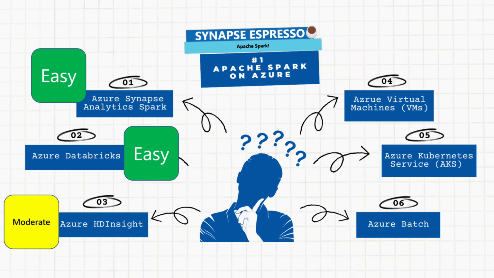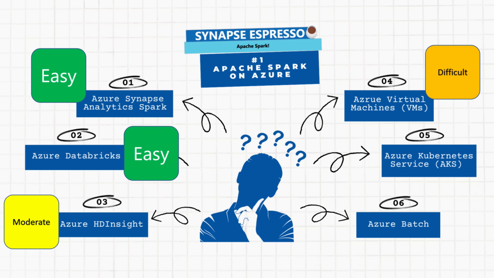If you want more challenges, you can also run Spark on virtual machines. So here you provision VMs, you install Spark and all the Spark dependencies on your virtual machines, you configure networking, you configure storage, you manage the Spark cluster yourself. That is pretty challenging. That's why it's labeled difficult.